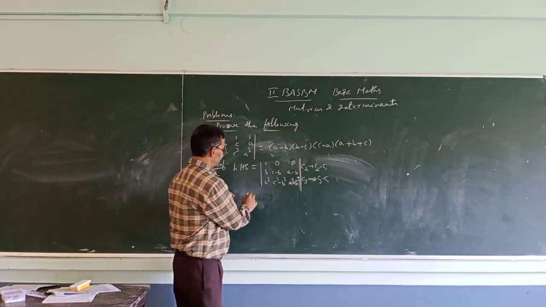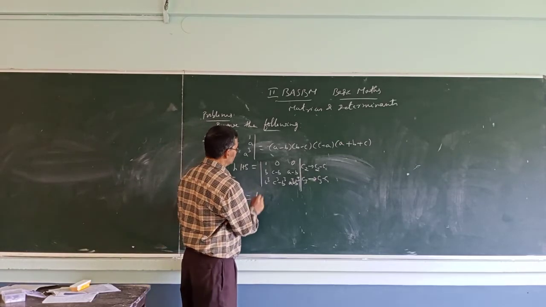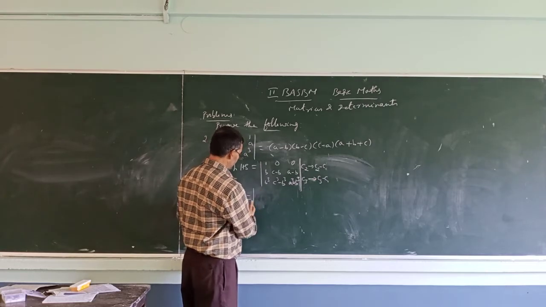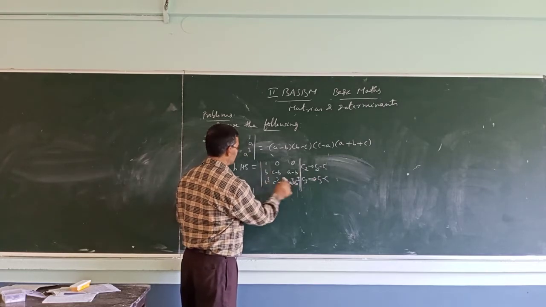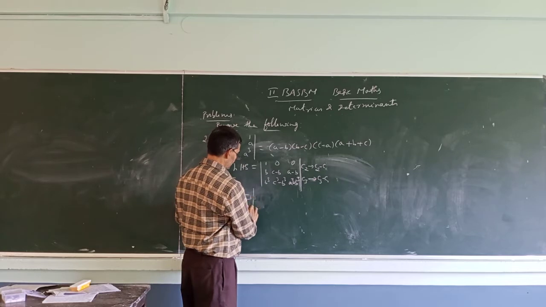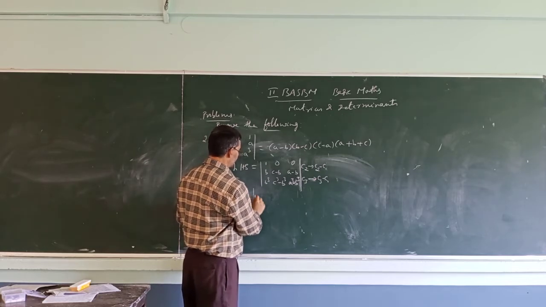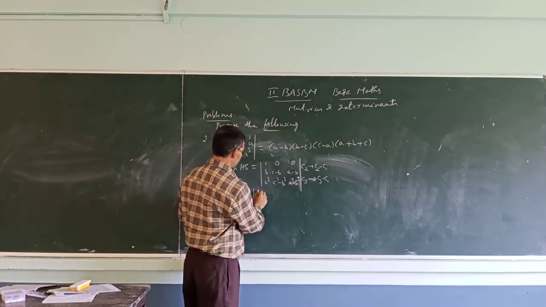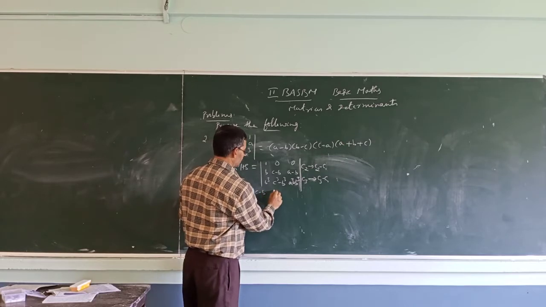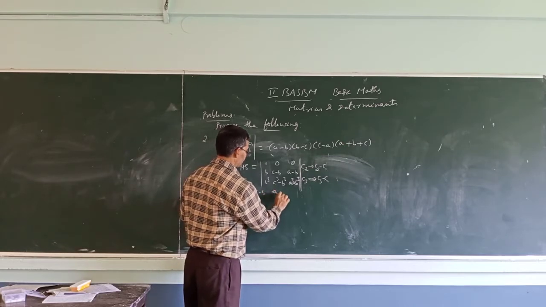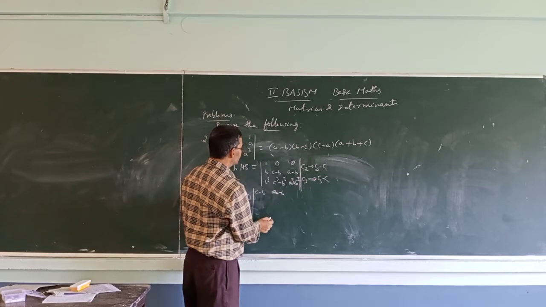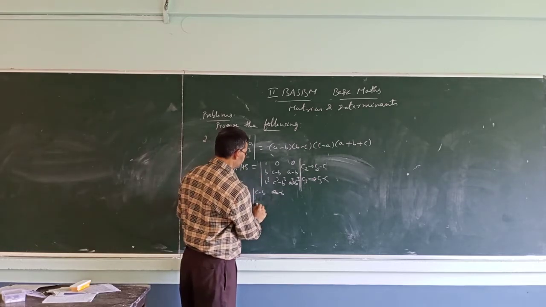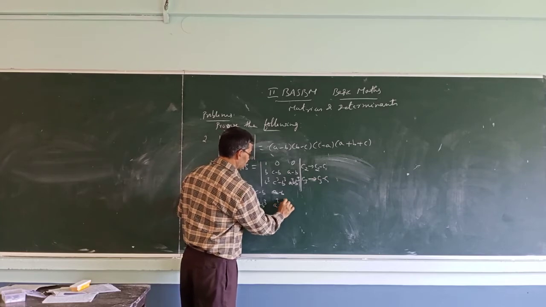So equal to, 1 into the determinant of this, that is, b minus a, c minus a, then b³ minus a³, c³ minus a³.